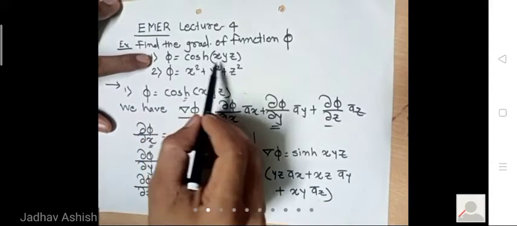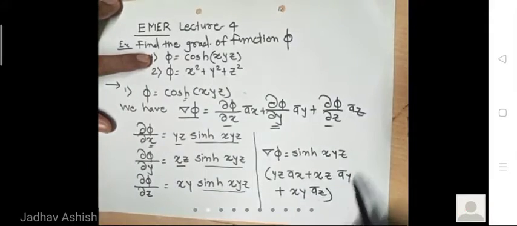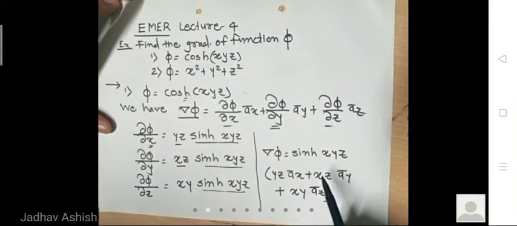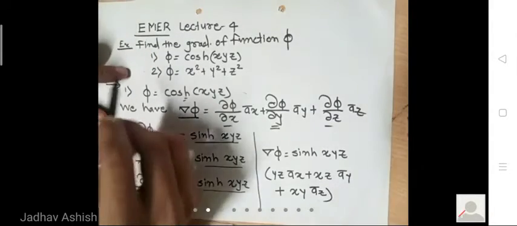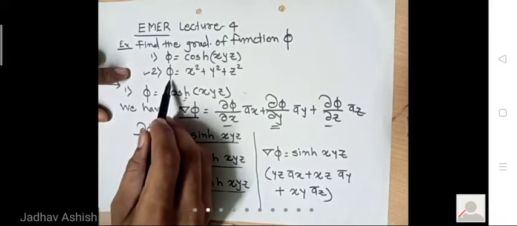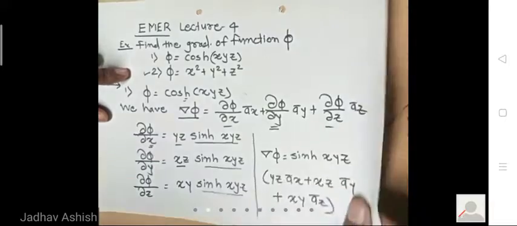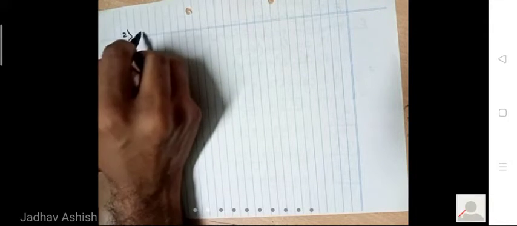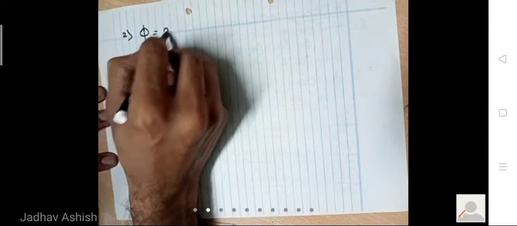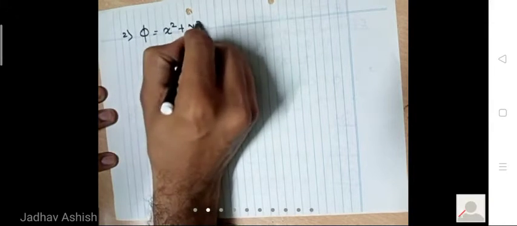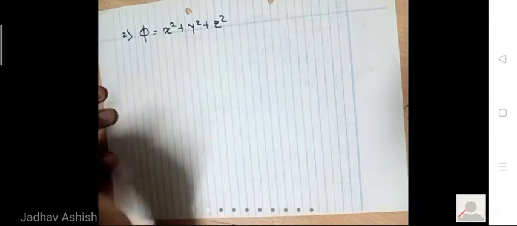Phi is equal to cosh xyz. So this is the gradient of function phi, right? So let us move on to the next part of this, where value of phi is x square plus y square plus z square. So let me write here phi is equal to x square plus y square plus z square, right?